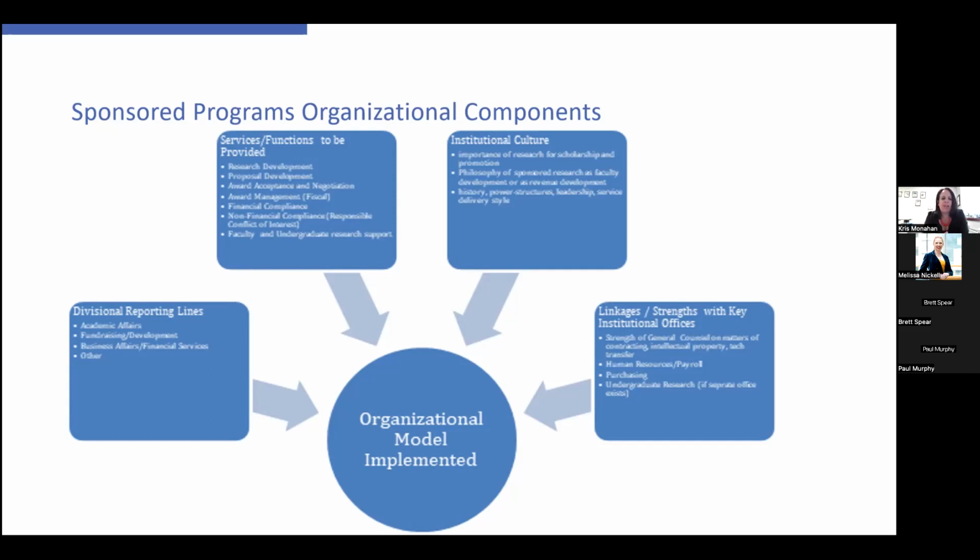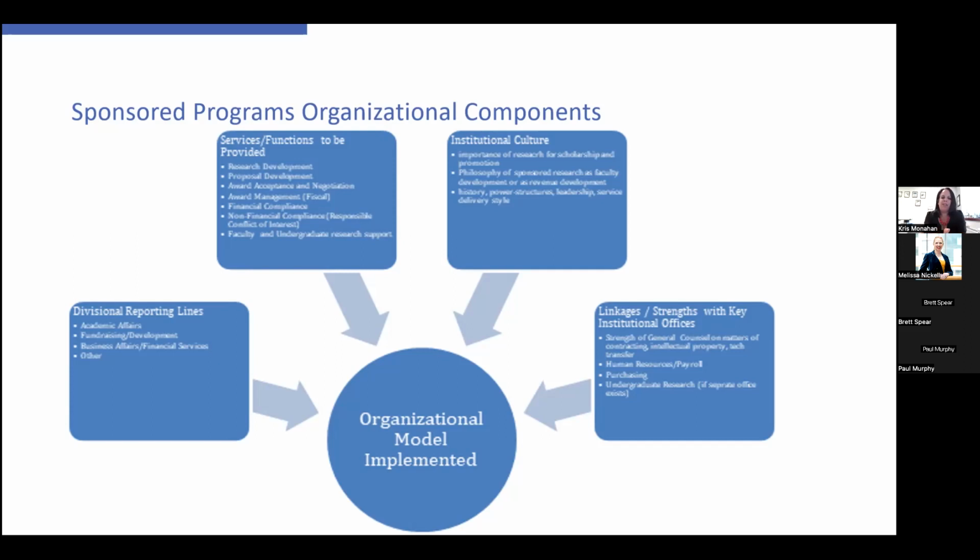So one thing that we keep in mind is the divisional reporting lines. Some sponsored programs offices will be in academic affairs, maybe reporting to a provost, or in larger places, a VP for research. It could be in fundraising or development or institutional advancement. Many small institutions might start with sponsored research and sponsored faculty sort of as fundraising and development, and it may start there.